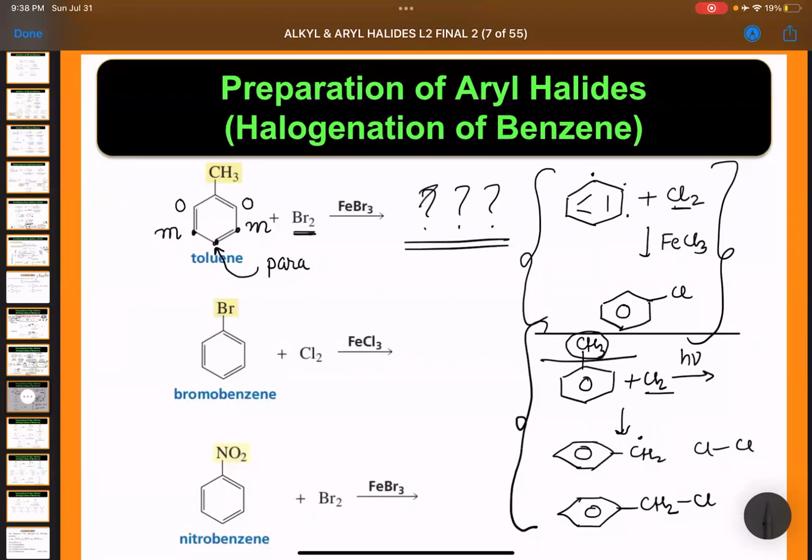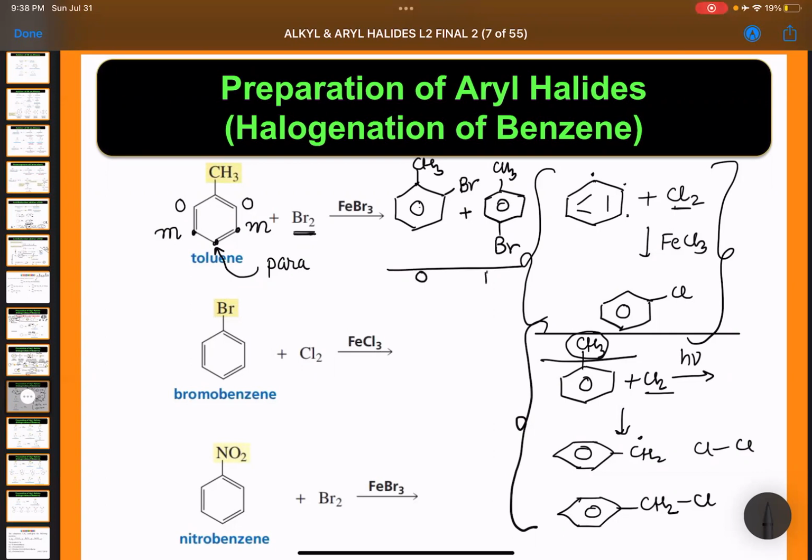Samaira, any idea? Okay, so let me tell you, either you will get a mixture of ortho and para substituted compounds, or you will get a meta substituted compound.